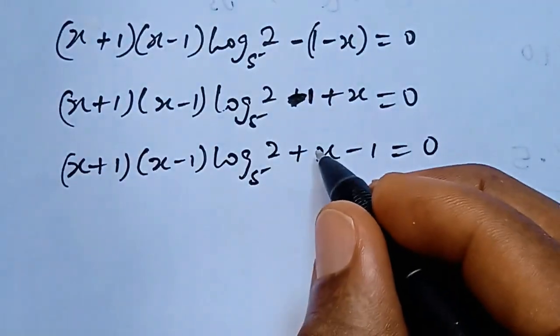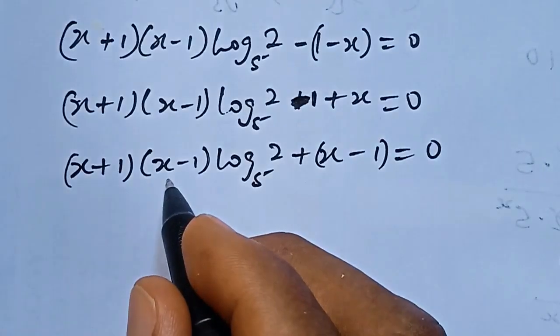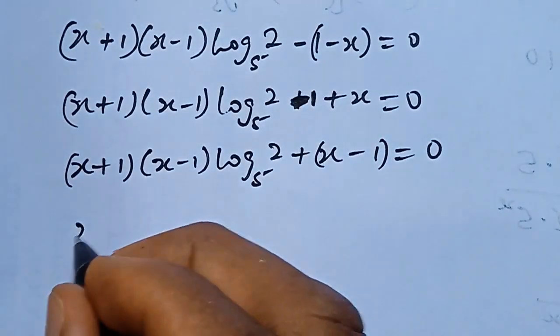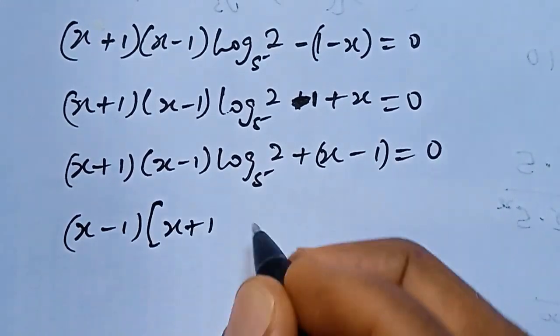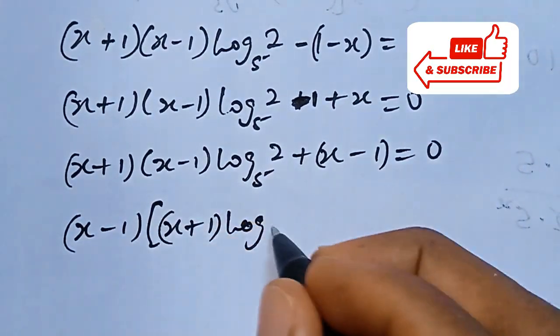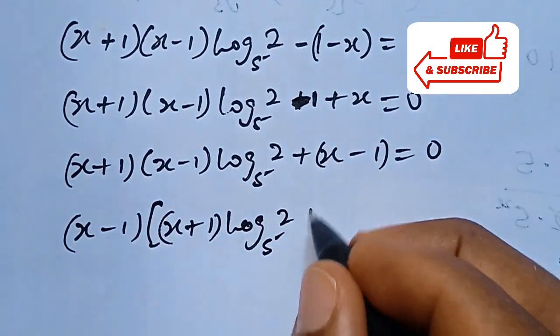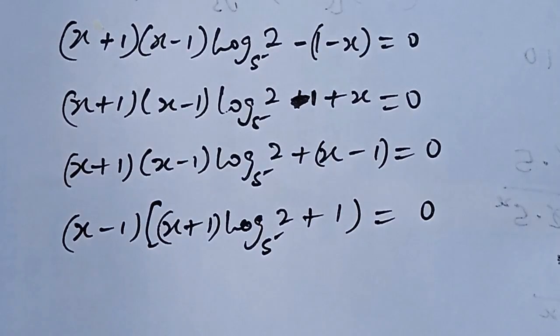So from here we have that this x minus 1 is also here. So we factor that out. X minus 1, we now have x plus 1 log base 5 of 2, then plus 1, all equal to 0. Okay, this is what we are left with.